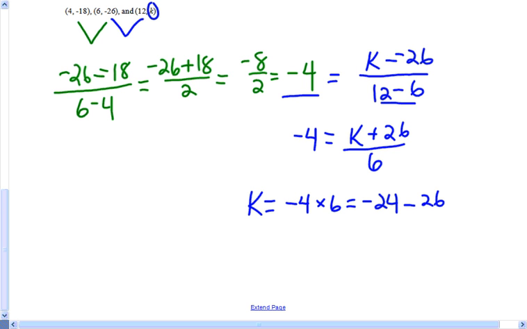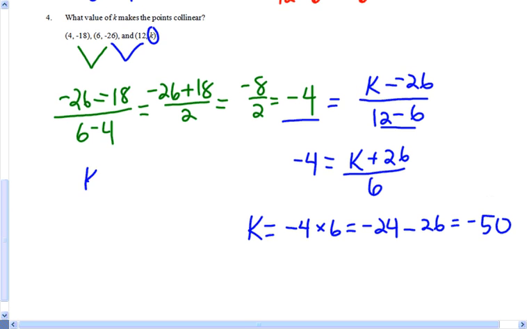And that is negative 50. All right, so if k is negative 50, then those points are collinear. All right, go ahead and practice the other break gate problems, and you're ready to take the quiz.